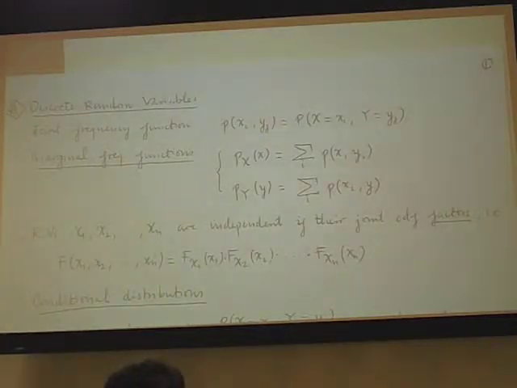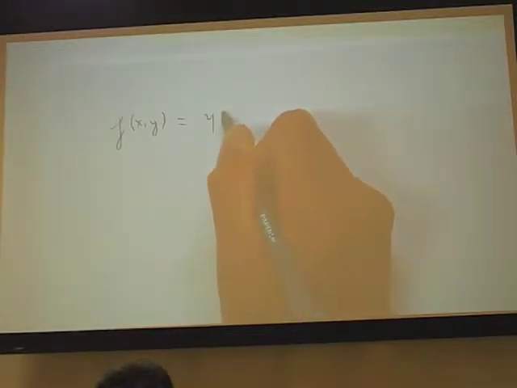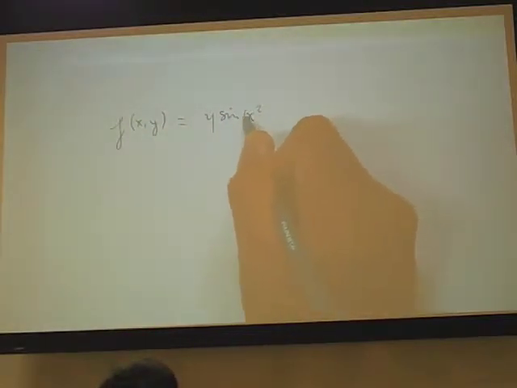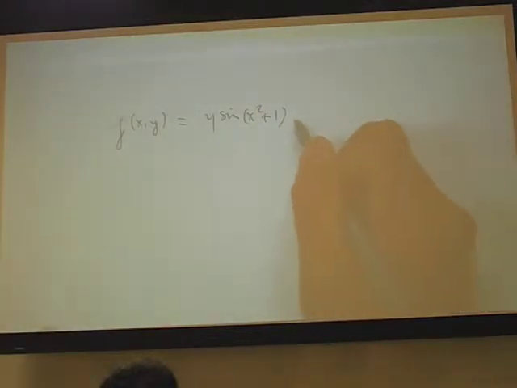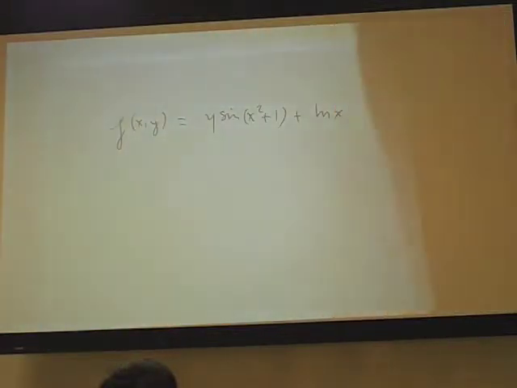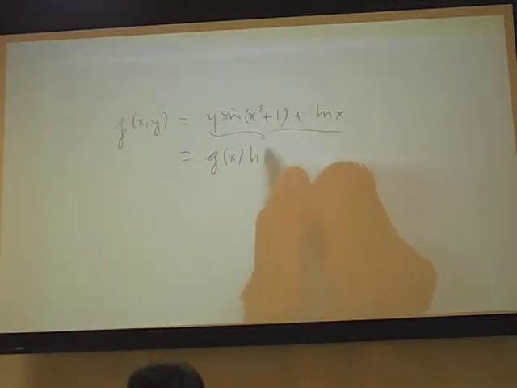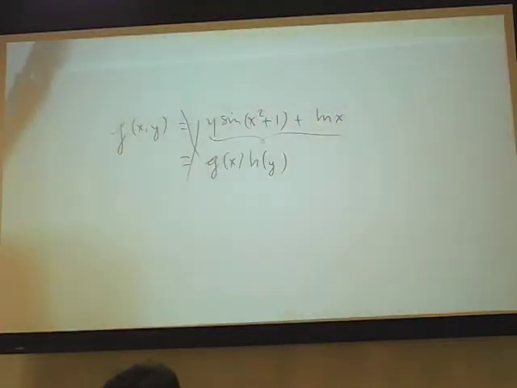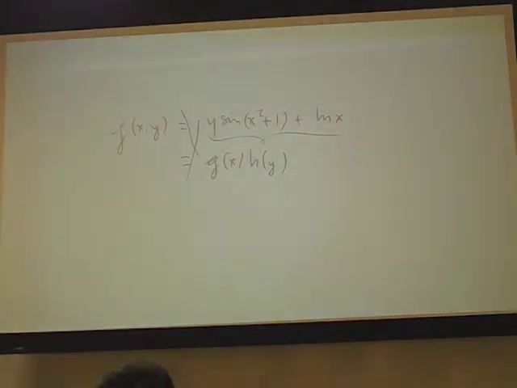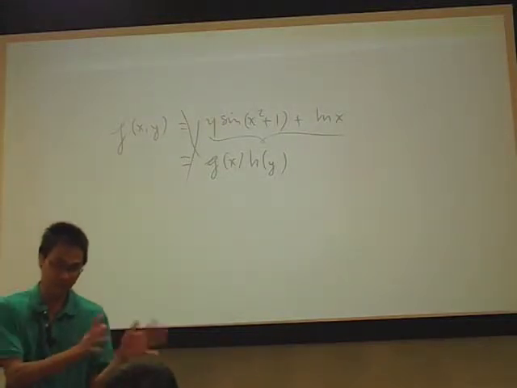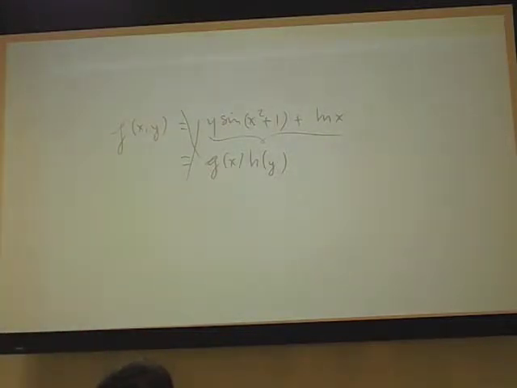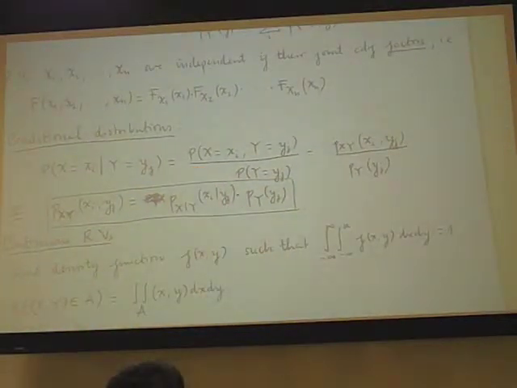I can give you an example right now: if you have this function, f of x, y equal to y times sine of x squared plus 1, plus ln x, good luck rewriting this function as something in x times something in y. You see, in general, you cannot do that. So not all the time that you have a function of two variables can you factor it into the product of two functions. And if you can, then you say that in this case they are independent.